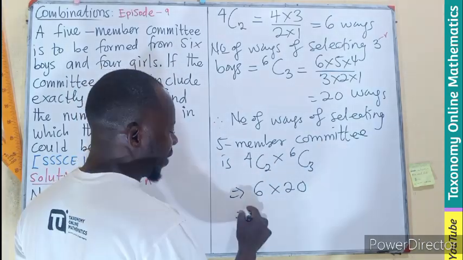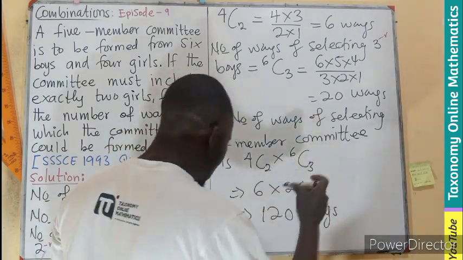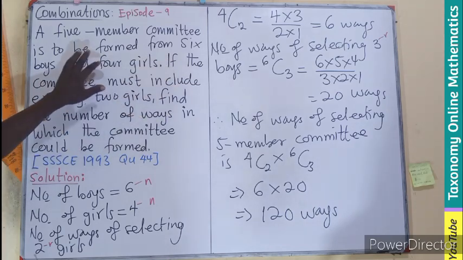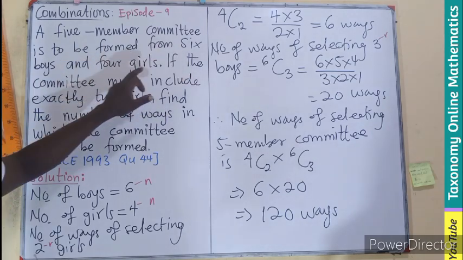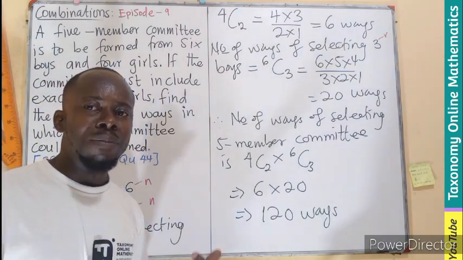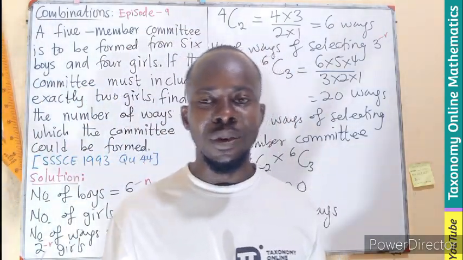Combine that together, that gives us 120 ways. We have 120 ways of selecting a 5-member committee from 6 boys and 4 girls, where the committee must have exactly 2 girls. I'm sure this is also clear.